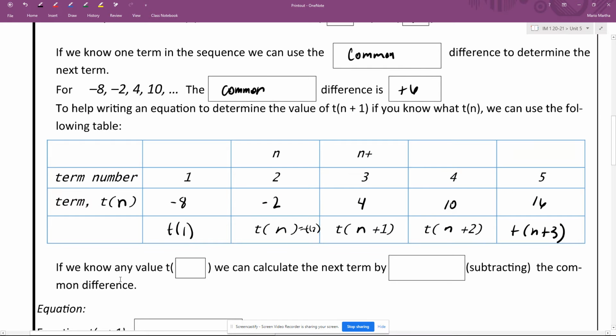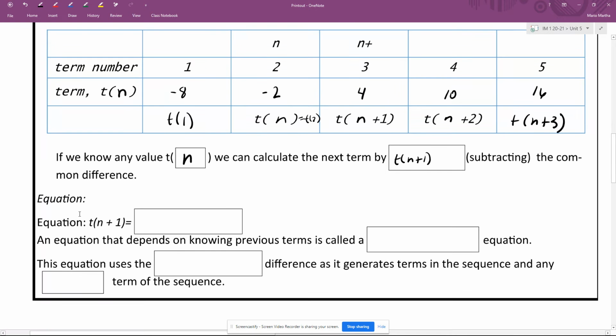If we know any value, T of n, we can calculate the next term by adding the common difference. So the equation T of n plus 1 would be T of n plus 6.